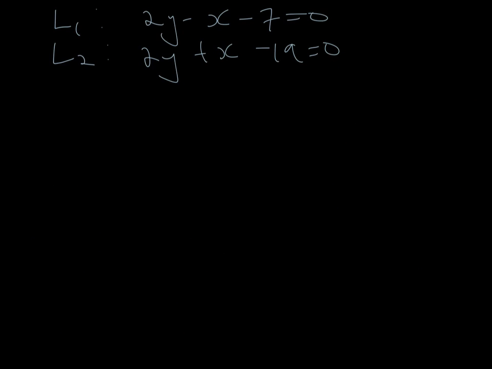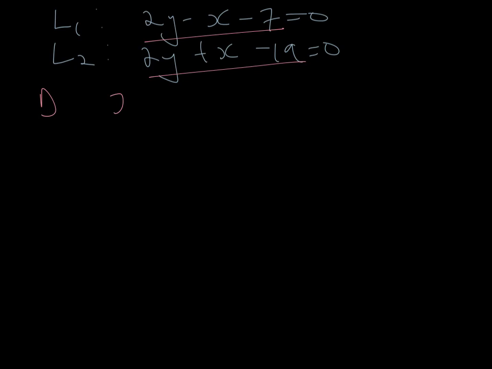In part E, you are asked to find point D, which is the intersection between L1 and L2. There's a number of ways you could do this, but essentially what you need to recognise is that at the point D, where these two lines intersect, this and this will take the same value.